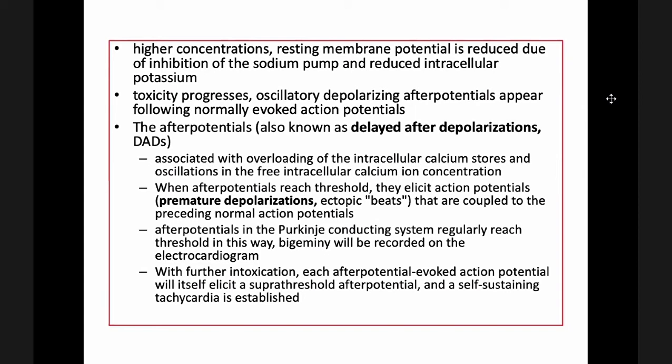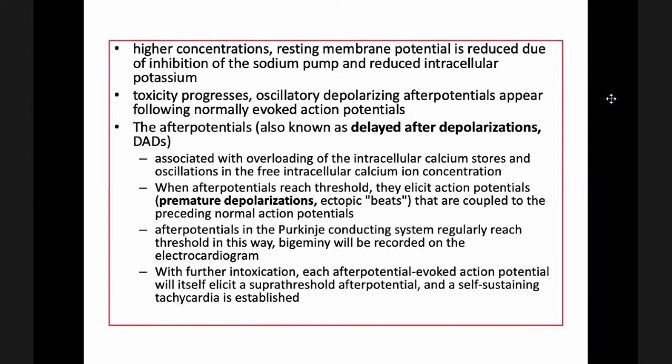These afterpotentials, also known as your delayed afterdepolarizations or DADs, are associated with the overloading of your intracellular calcium stores and oscillations in the free intracellular calcium ion concentrations. When your afterpotentials reach threshold, they elicit action potentials. So there are premature depolarizations, or you will see some ectopic beats that are coupled to the preceding normal action potentials.